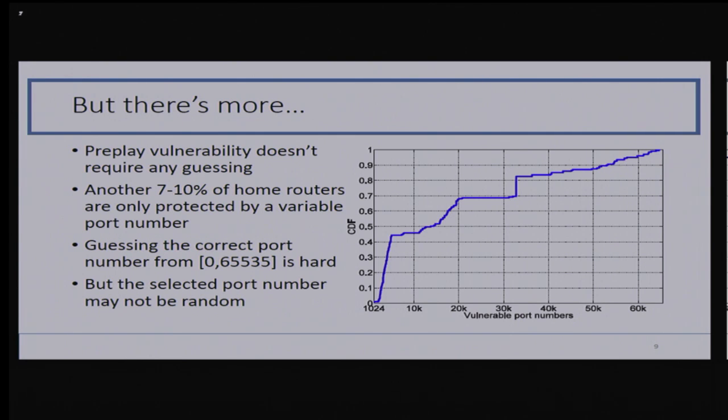Second, there's a large mode at 32,768, which is a number probably everyone here is familiar with. So this is clearly not random. And for these boxes in these two areas, in the mode and at the 1,000 to 5,000, the attacker doesn't have to actually explore the entire range to poison this box.